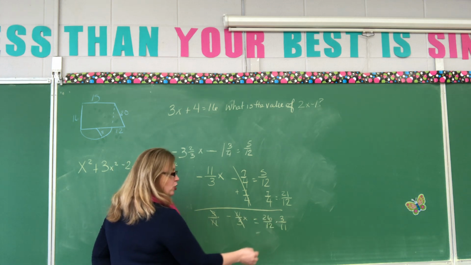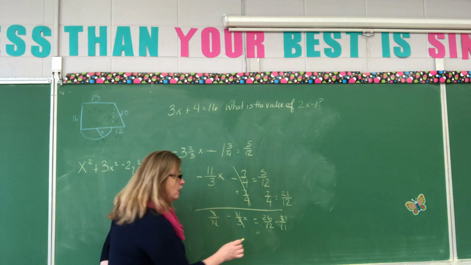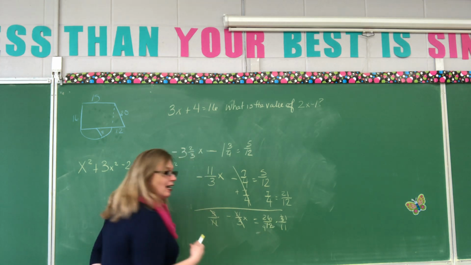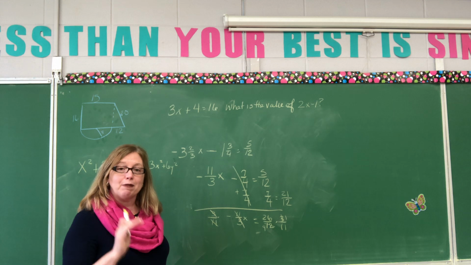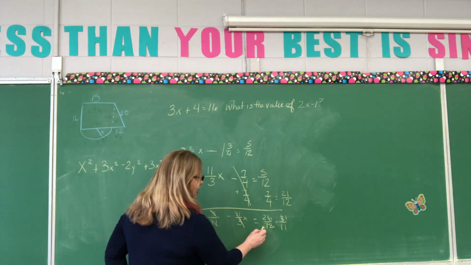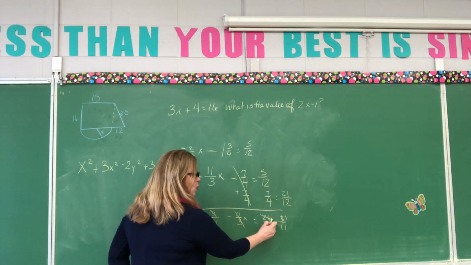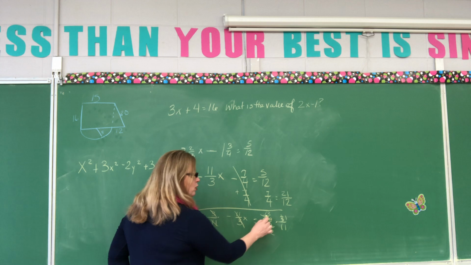Let's see what I can reduce. Can I reduce anything? Well, yes. 3 becomes a 1, and 12 becomes a 4. Can I reduce anything else? Yes, my 4 and 26 can both be divided by 2. So I can say this is a 2, and I divide 26 by 2 and get 13.